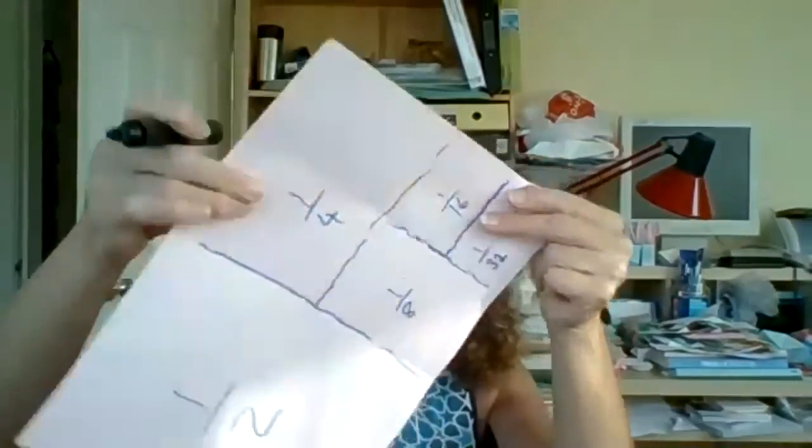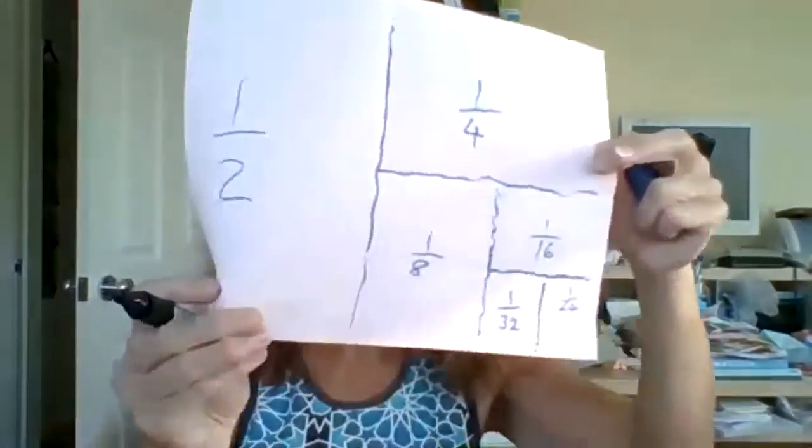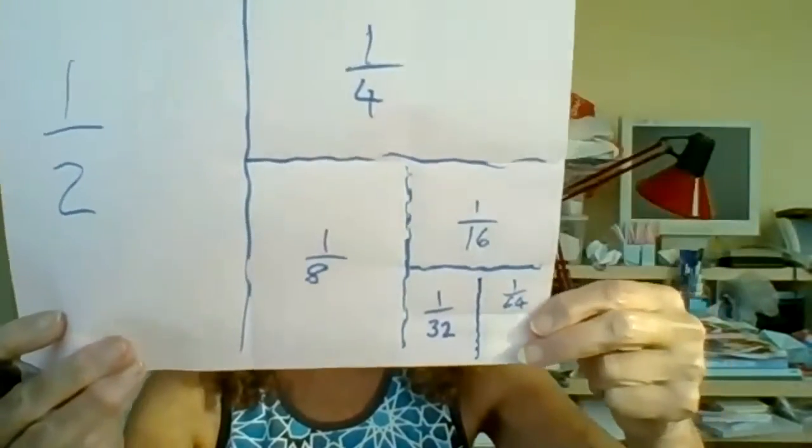I'm going to repeat again, and this time I'll get a 32nd. And then I'm going to repeat again. So down to 64ths now.